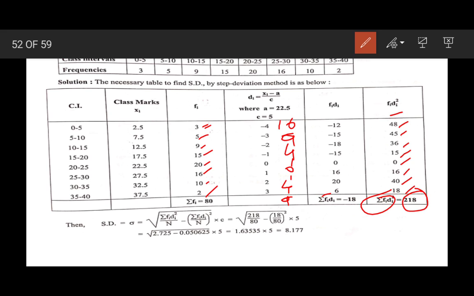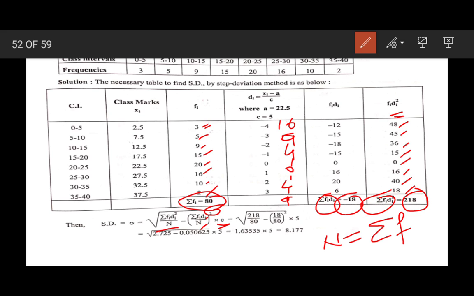Then total of f into d is equal to minus 18, and total of f is equal to 80. So the standard deviation formula is under root of summation f into d square upon n, where n is summation of f, minus summation of f into d upon n whole square, into c.